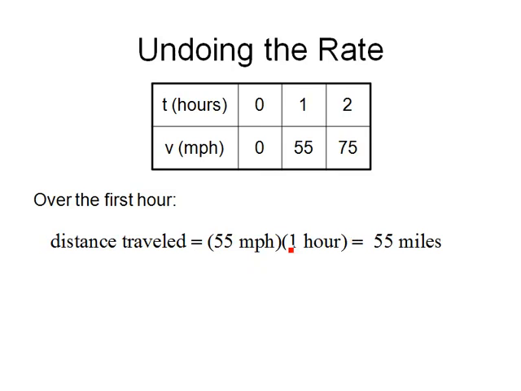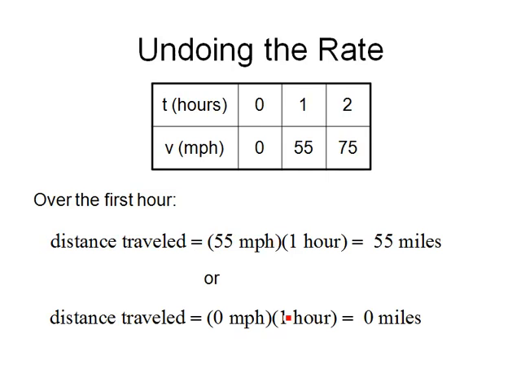So I could travel as much as 55 miles if I had done 55 miles per hour for the entire hour. In fact, I probably didn't do that because I started out at 0 and probably ramped up to 55. I could have traveled as little as 0 miles if I assumed that I went 0 miles per hour for the entire 1 hour, and then at the very end of that interval, I ramped it up instantaneously to 55 miles per hour.